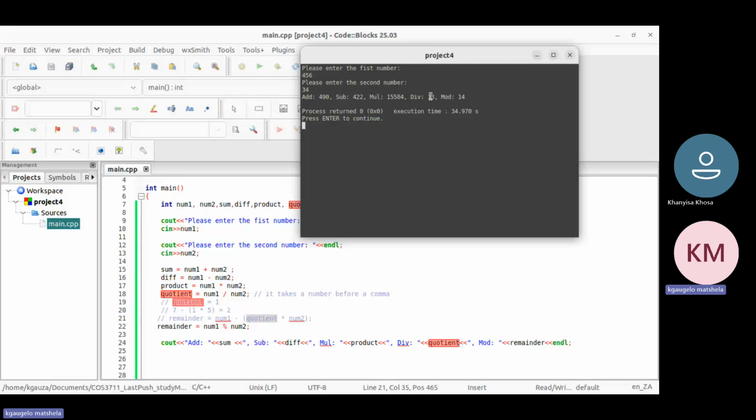Then you'll know the numbers that are divided inside there, right? Then the only thing you want is the numbers that are remaining after the division. You want to know the number that remains after the division.